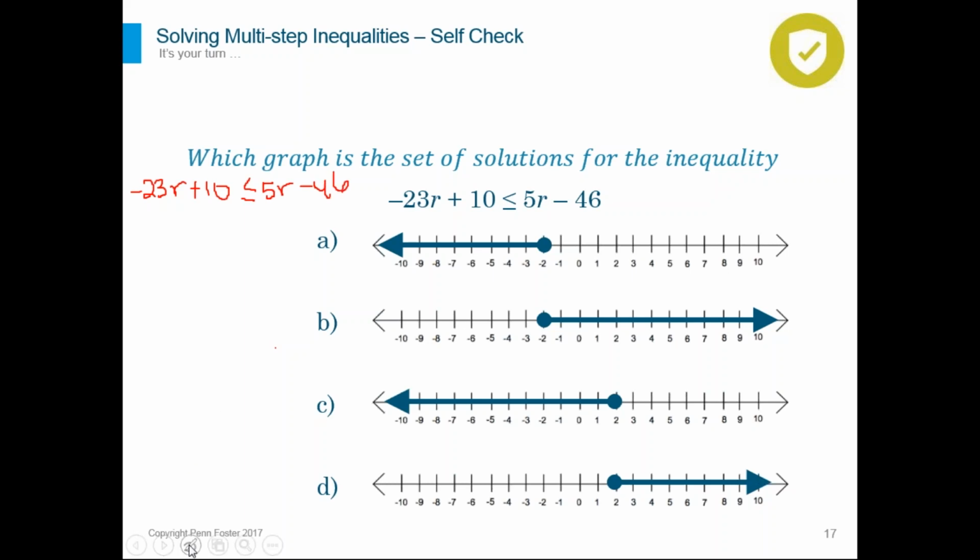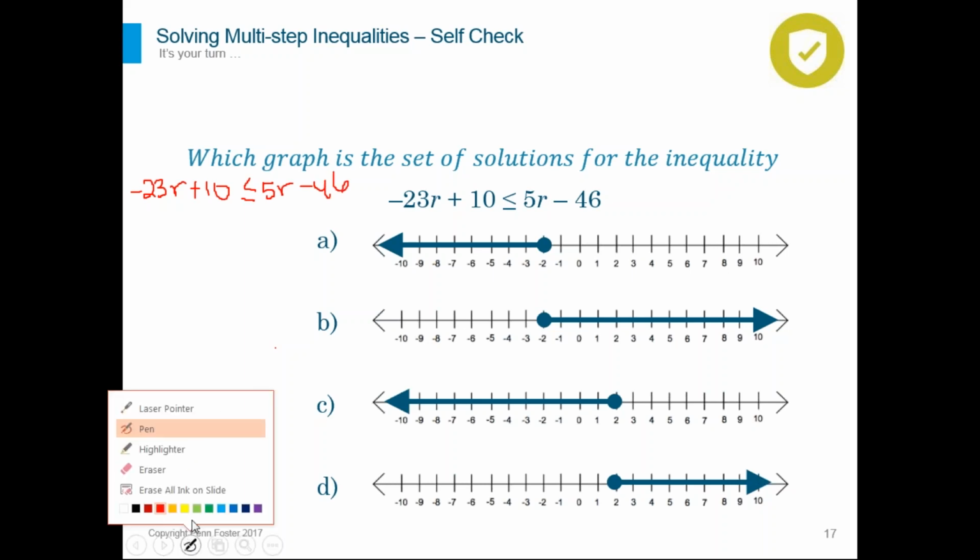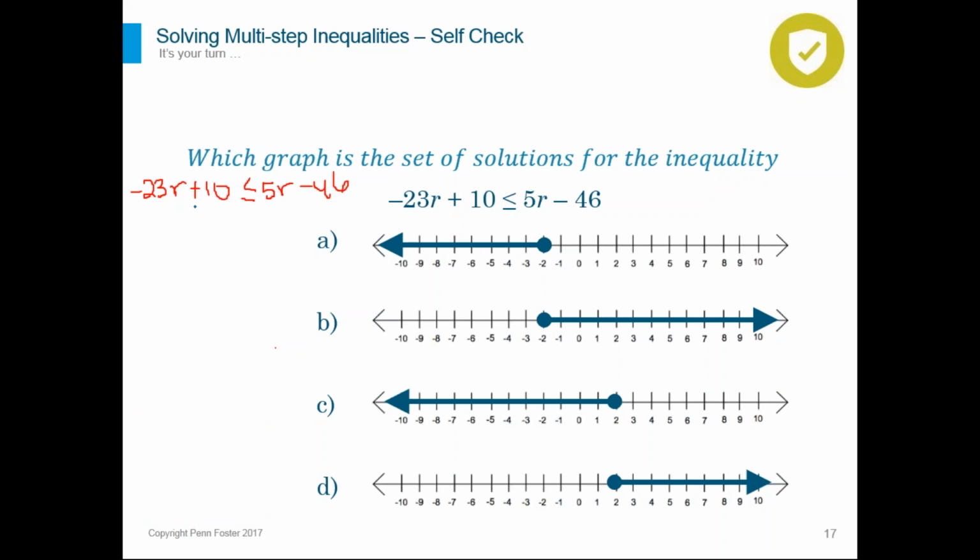So let's now get rid of the numbers and put them on the other side. I'm going to subtract 10 and subtract 10. So I have so far negative 23r, less than or equal to 5r, and then I have negative 56.